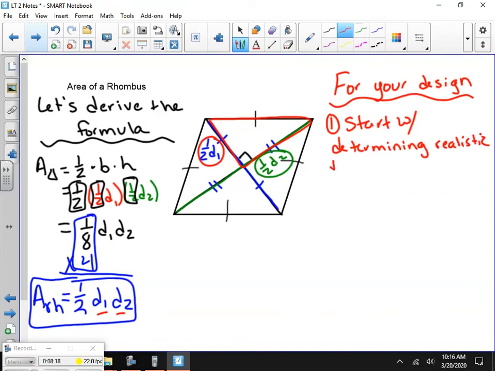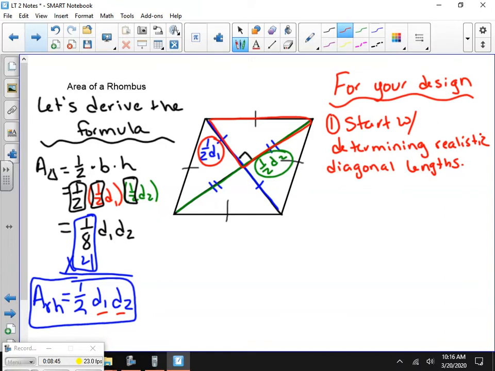So pick a realistic real life dimension. Like if I'm doing my real life dimensions in feet, I'll pick something that's nice and easy and makes sense to the real world. And then hopefully I picked a really easy scale as well, and I'm going to use that scale to scale the feet into inches, and then it'll give me nice easy numbers when I go to draw my rhombus on my poster.